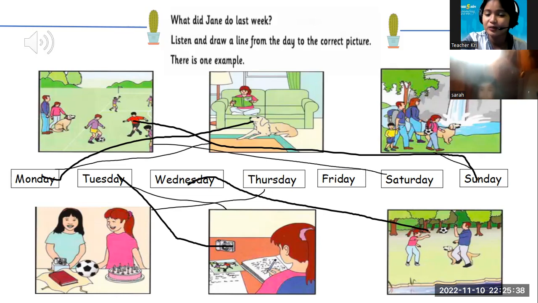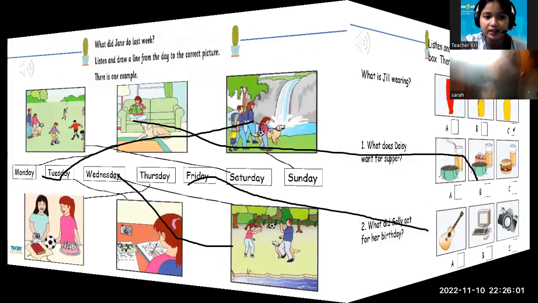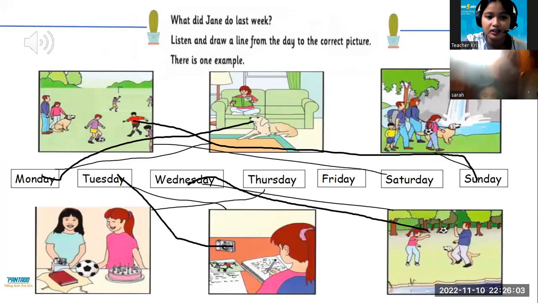So this third picture is on Sunday. They went to the waterfall. The next day is Wednesday. That's right. They are near the river, playing with the dog. So those are what Jane did last week.